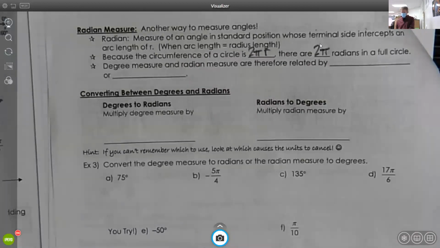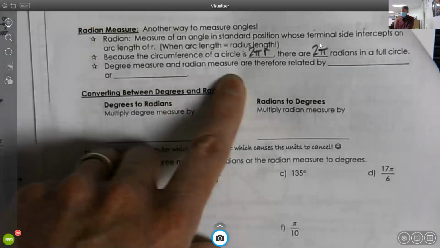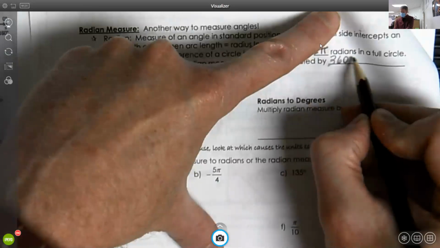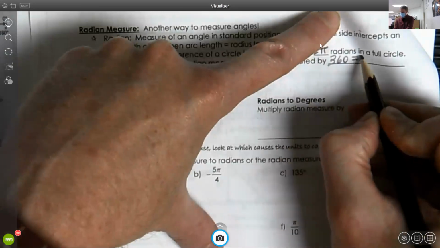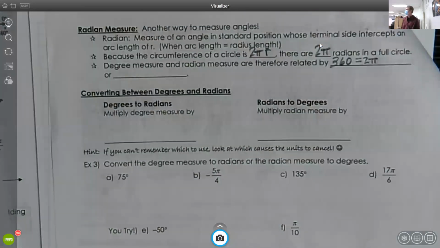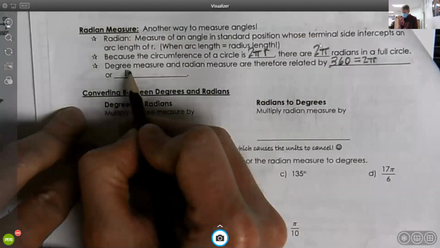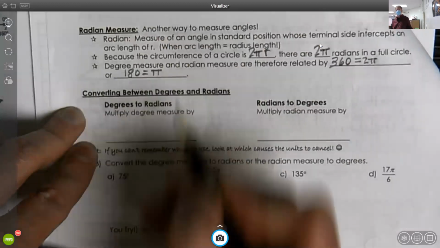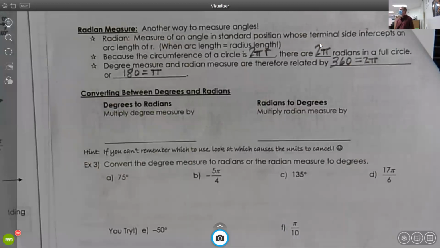Okay, degree measures and radian measures are therefore related, as 360 degrees is the same thing as 2 pi. You could divide by 2 on each of those, and we would say that 180 is 1 pi.